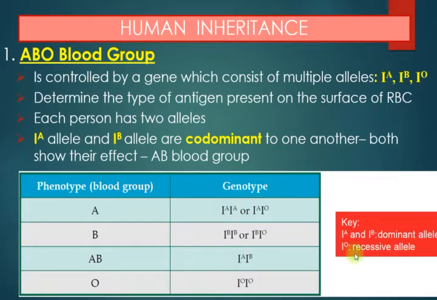A recessive allele only shows its effect when homozygous. For blood group B, the genotype is either IBIB or IBIO. For blood group AB, the genotype is only IAIB. For blood group O, the genotype is only IOIO. So you have to remember the possible genotypes for each blood group.